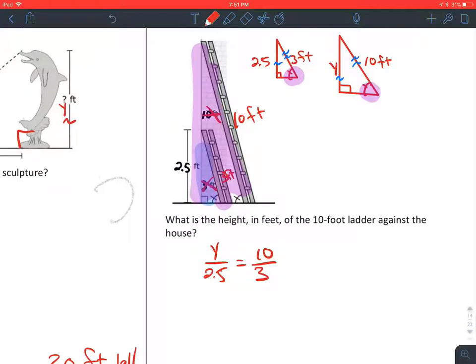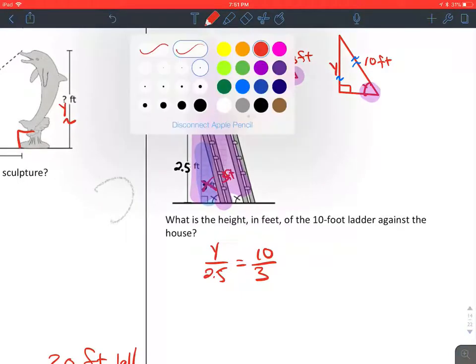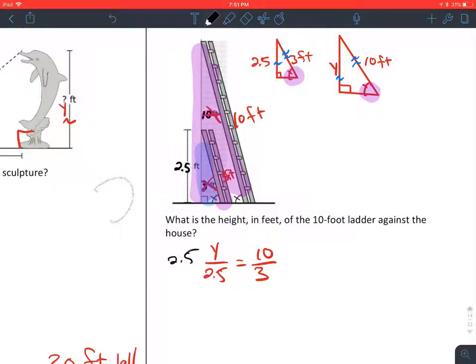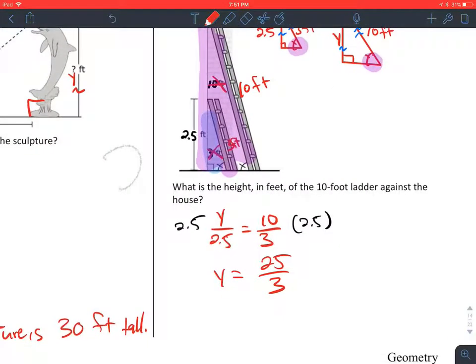Solving this, I'm going to multiply both sides by 2.5. On the left, 2.5's cancel and I get y equals. On the right, 10 times 2.5 is 25. So the exact answer is 25 over 3 feet.